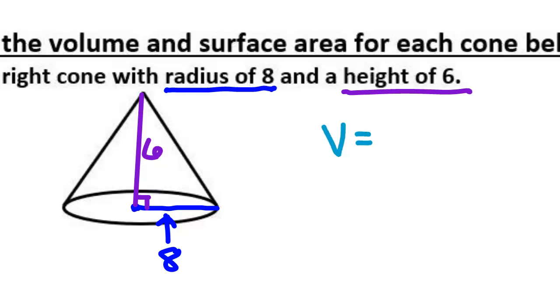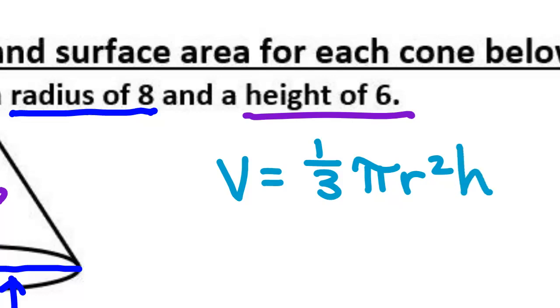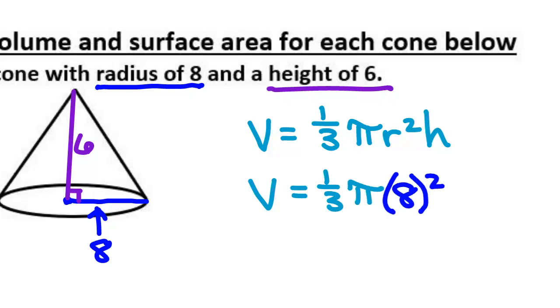To find the volume, what was our formula for volume again? 1/3 pi r squared, the area of my base, times the height. Do we have everything we need to find the volume? Yes. So volume is equal to 1/3 times pi, my radius is 8, so I have 8 squared, times the height of 6.